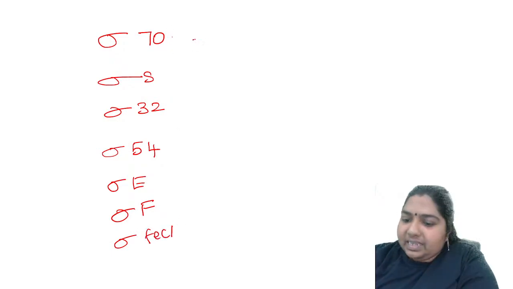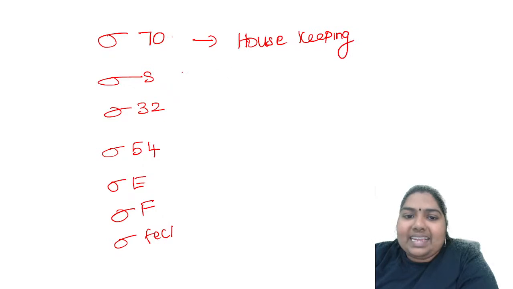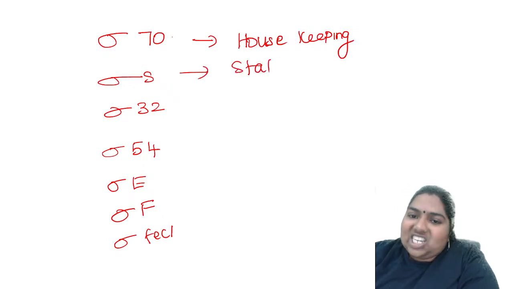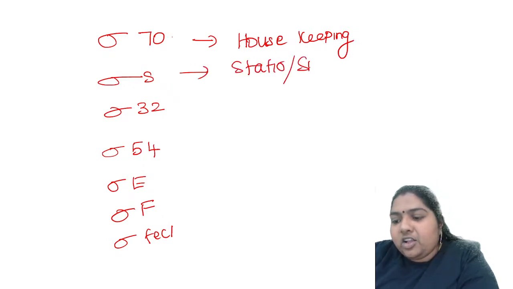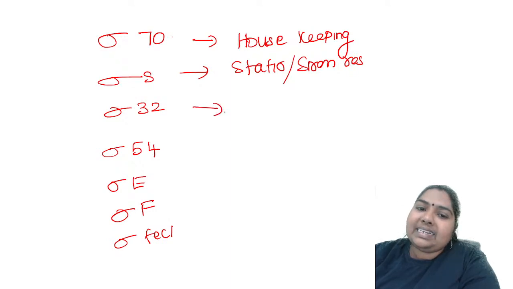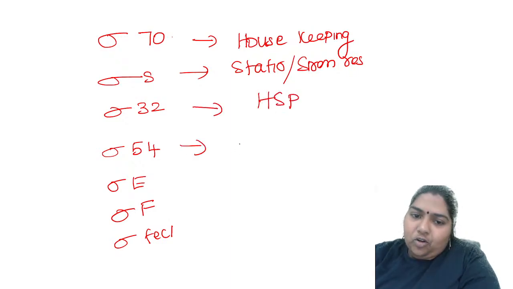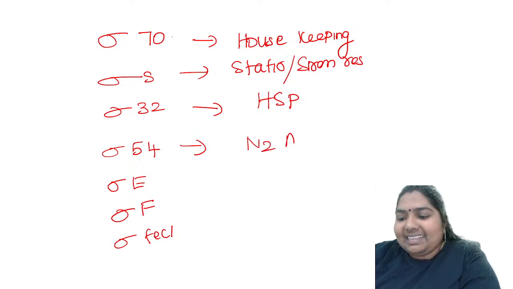Sigma 70 is for housekeeping. Sigma S is for stationary phase as well as a few stress responses. Sigma 32 is for HSP, heat shock. Sigma 54 is for nitrogen assimilation.